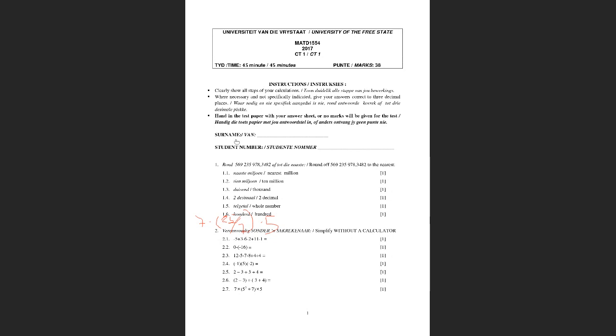Yes, okay, fine. Say, if you write 25 over 7 as a decimal, you're going to get it wrong.